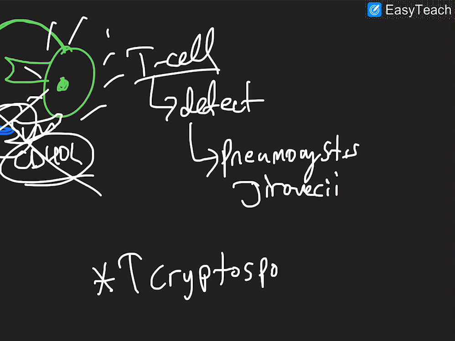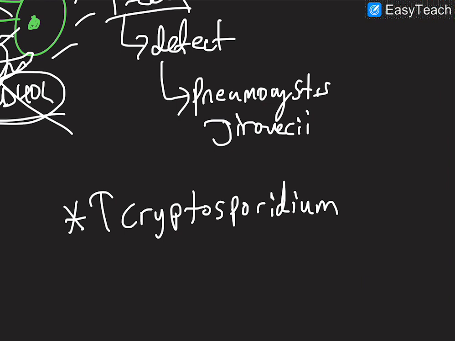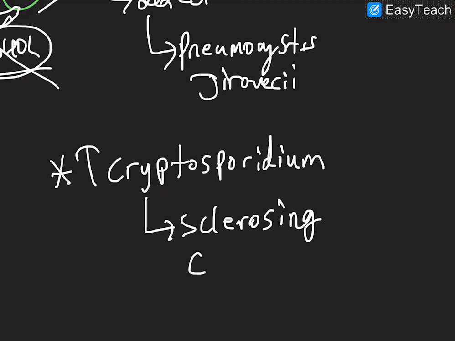So remember, Cryptosporidium, what can this cause? We know that this can lead to sclerosing cholangitis. Remember, sclerosing cholangitis is when you have fibrosis of your intra and extrahepatic ducts in your liver.